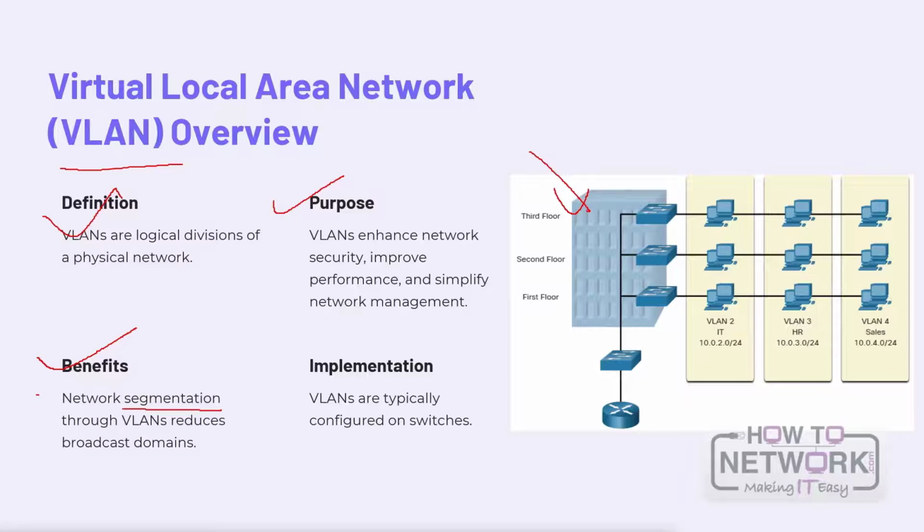Now, network segmentation through VLANs reduces broadcast domains, improves security through isolation, and allows for more flexible network designs. VLANs are typically configured on switches and can span multiple switches using trunking protocols like 802.1Q.